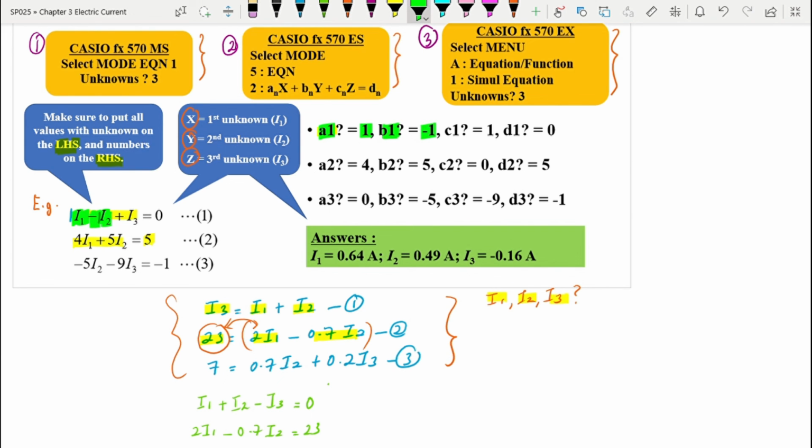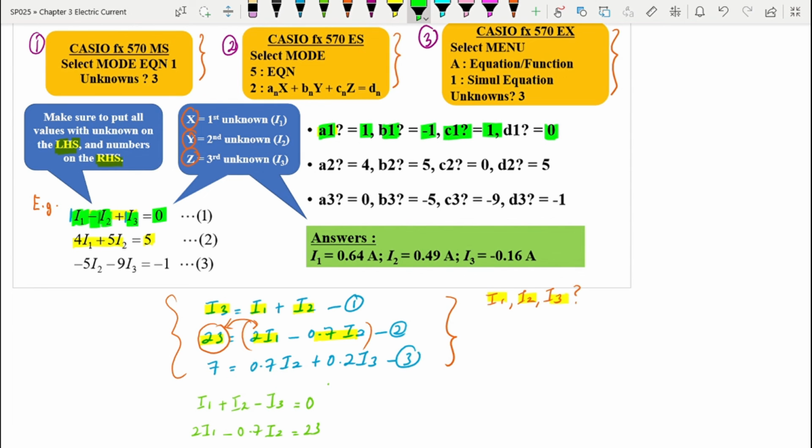C1 merujuk kepada unknown Z iaitu I3. So kita kena tengok C1 kita berapa? C1 adalah I3 juga 1 dekat sini. Tapi dia positif. So kita letak C1 as 1. Okey, dan D1 merujuk kepada value ataupun number yang tak ada unknown. Okey, so dalam kes ni it's 0. Yang berada di sebelah kanan lah kosong.